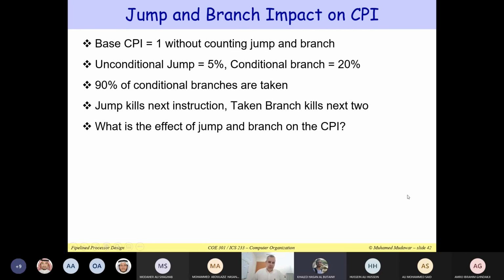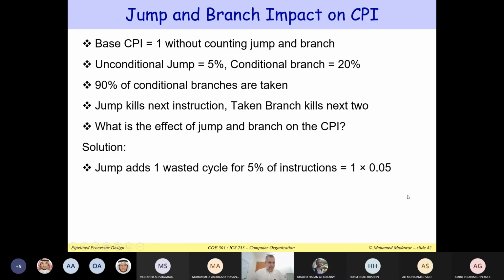So the jump is going to add the wasted cycles. Without the jumps, without the branches, it is just one cycle per instruction. So every time I have a jump, I have to add one wasted cycle, but only for 5% of the instructions.